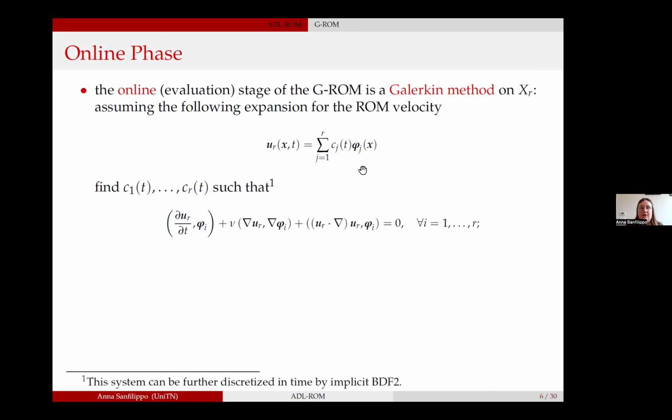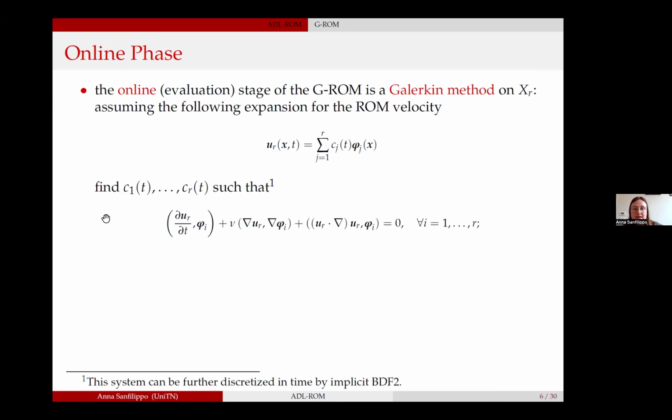Obviously, all of the online stage is performed in the reduced space. Otherwise, it's meaningless.